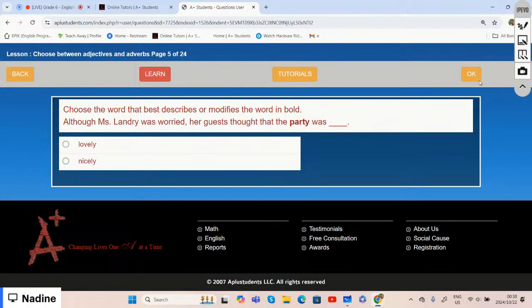So do we say the guests thought the party was lovely, option one, or they thought it was nicely, option two?